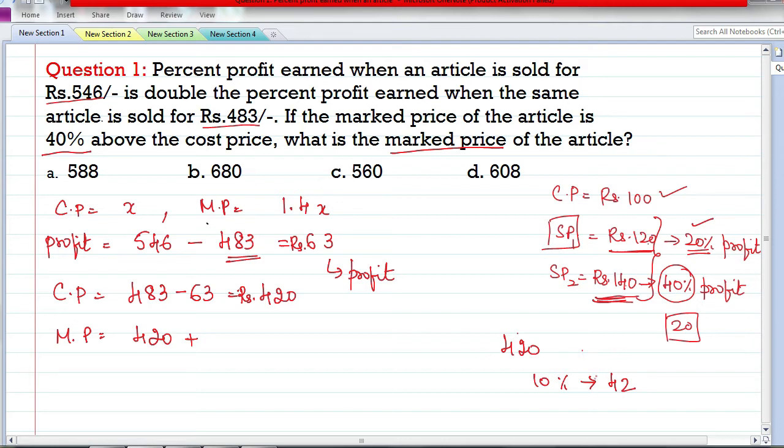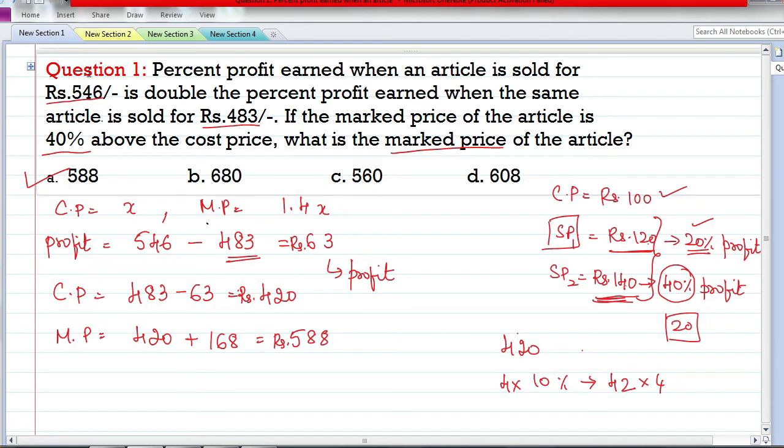So here 10% is 42 rupees. So 40% is 4 times this 10%. You get 168 rupees. This is the extra 40%. Now add this, we get 588 rupees. That is the market price. Option A. So now let's go to the next question.